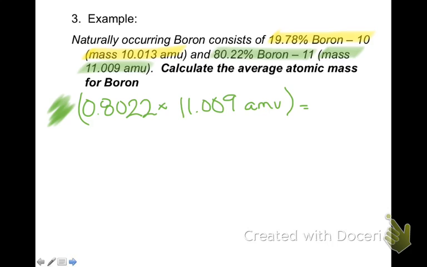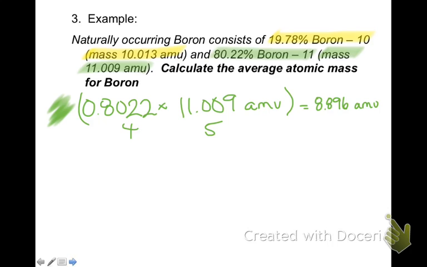And when I put that into my calculator, 0.8022 times 11.009, I get, and here's the thing, we've got to use sig figs. So we're going to have 4 sig figs since 0.8022 has 4 and 11.009 has 5. So when we do our sig figs there, we're going to get 8.896 AMU.